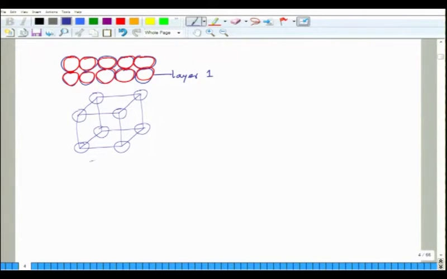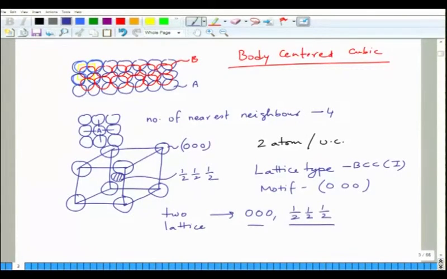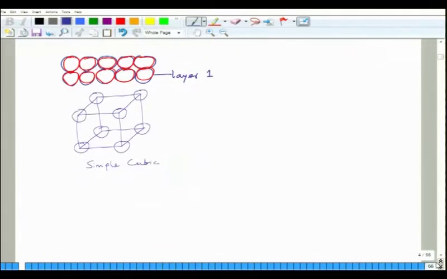This is simple cubic. Here each atom has how many nearest neighbors? 6 nearest neighbors, but within the plane it has only 4 nearest neighbors. Likewise, in case of BCC, the number of nearest neighbors was 8 in 3D, right? So this atom is surrounded by 8 atoms. Similarly, this atom is surrounded by 8 atoms. The one in the center is the same as the others; although I have dashed it, they are both the same atoms. Okay. So this is called a simple cubic lattice.